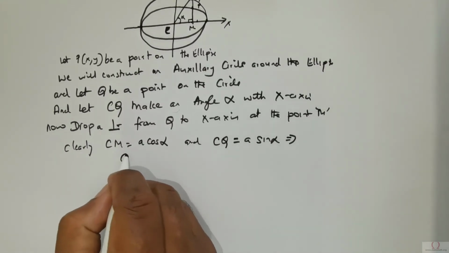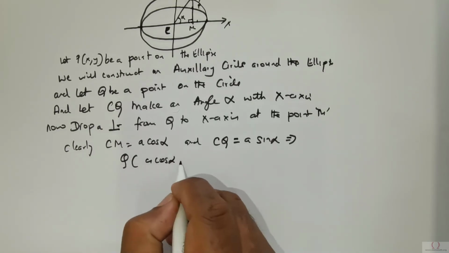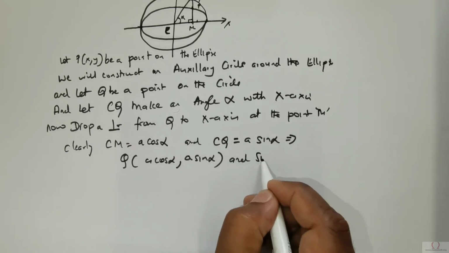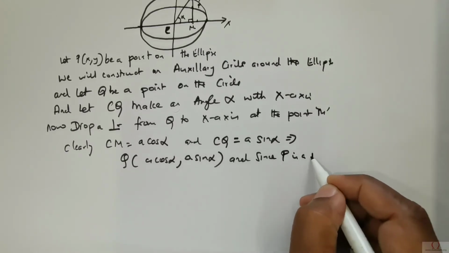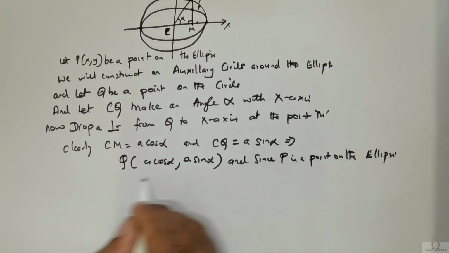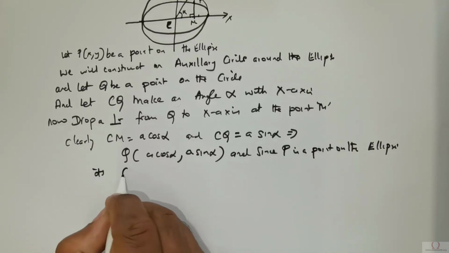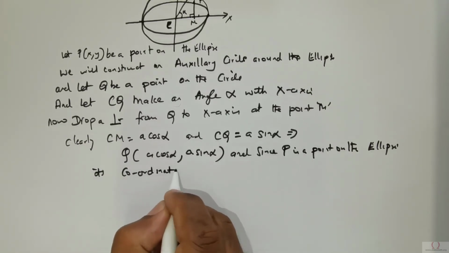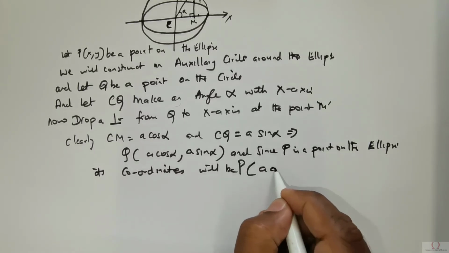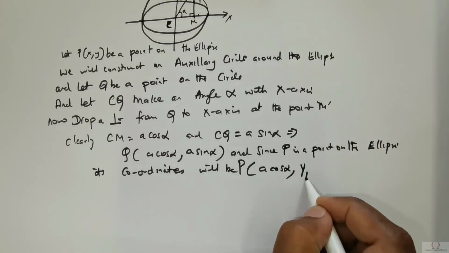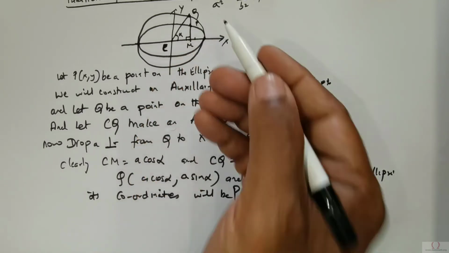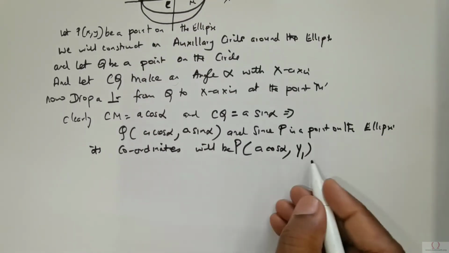This would mean Q is (a cos alpha, a sin alpha), and since P is a point on the ellipse, its coordinates will be P of (a cos alpha, y1) because it is a point on the ellipse. So this is what we've got.